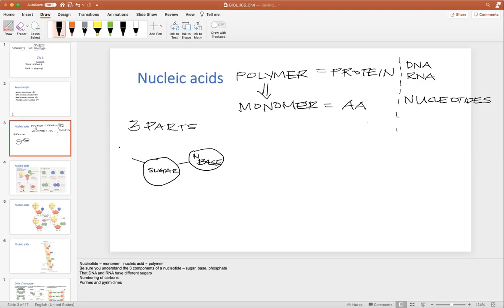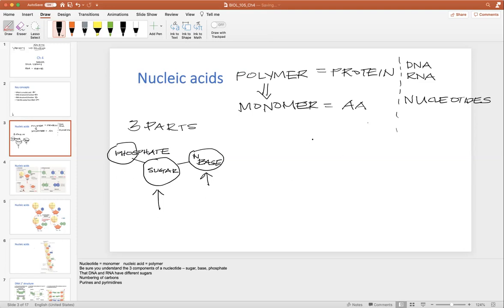And part 3 is going to be a phosphate group. Now, I told you that DNA and RNA differ in the type of sugar that they contain. So they have different types of nucleotides that have different sugars, and then you'll also see that they can have different bases. But this is the fundamental structure of an individual nucleotide.